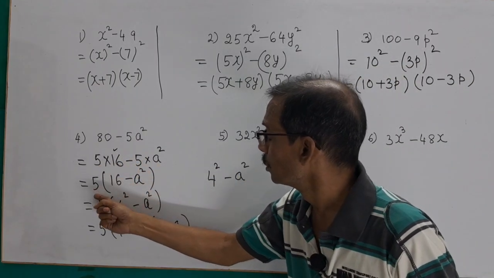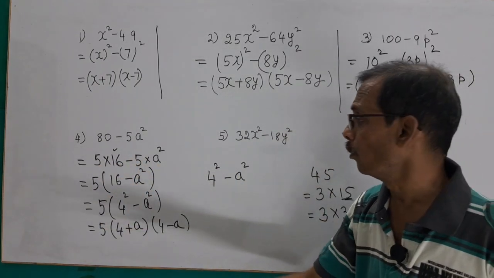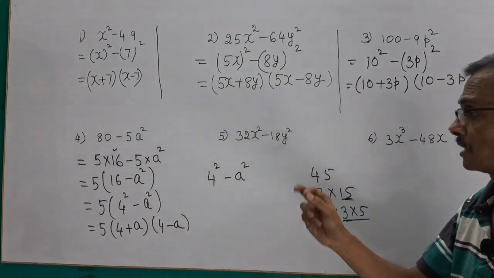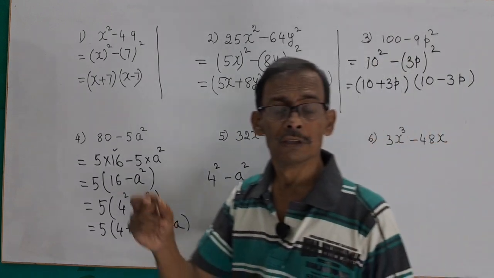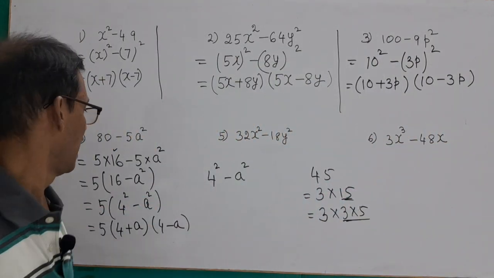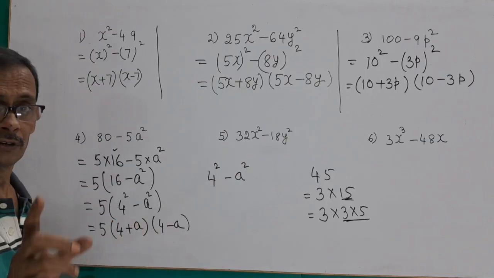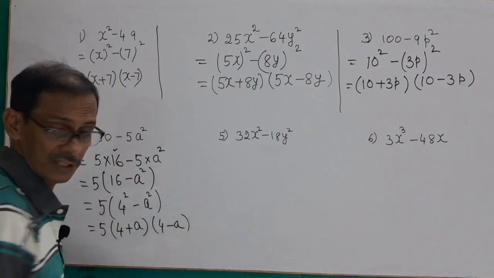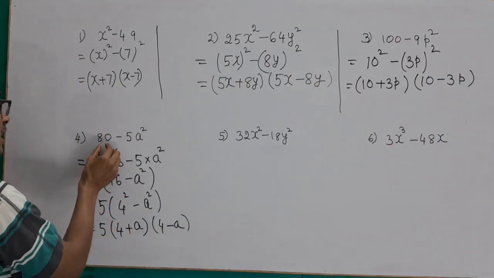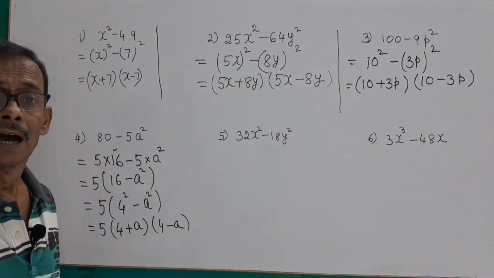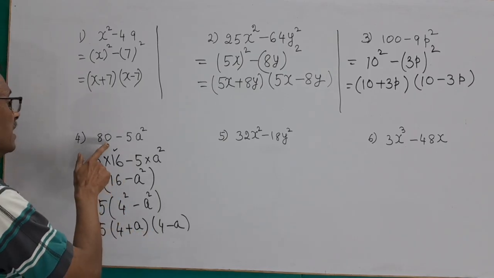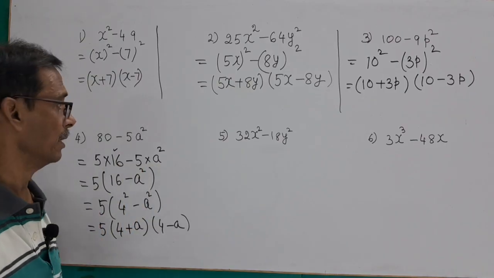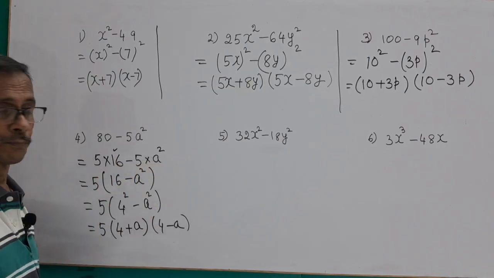Once you take the common thing out, inside the bracket it comes in the form of a square minus b square, which you know is a plus b into a minus b, and that you can easily factorize. So once you learn, if something is not in a square form, that means 80 was not a square number, neither 5 was a square number, so you did this approach.